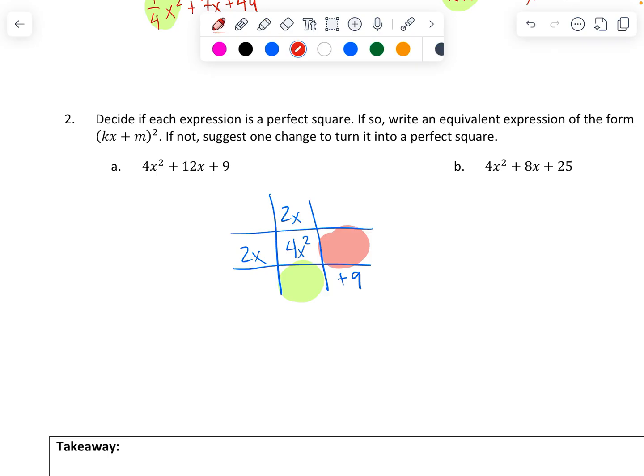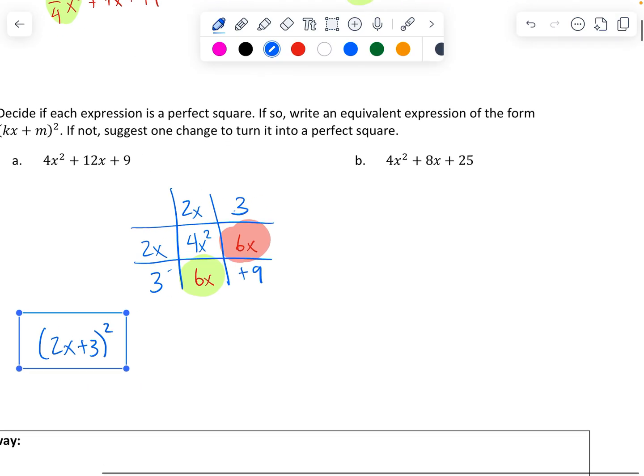That means that they must both be 6x. So 2x times what will give you 6x? That's going to be 3. I'll do that in blue. This is going to be 3, and then this is also 3. So they're the same, and when you multiply 3 and 3 together, you get 9. So that's why the perfect square is 2x plus 3.